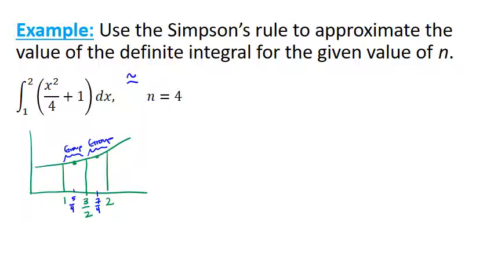This integral will be approximately b minus a over 3n times f of x sub 0 plus 4 times f of x sub 1 plus 2 times f of x sub 2, and so on. And we're just alternating.